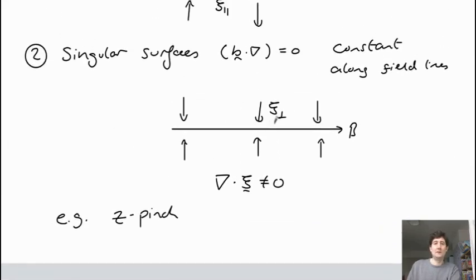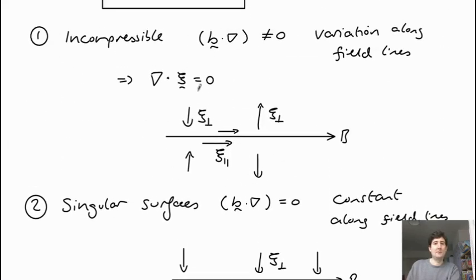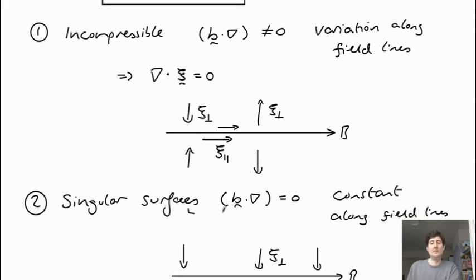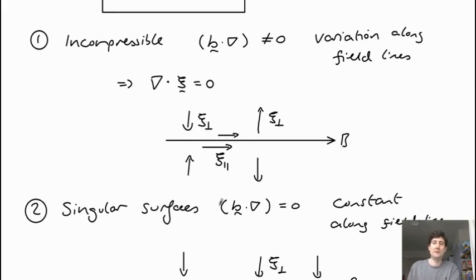In most cases, however, the plasma can find a way to move along field lines and minimize this term. These particular singular surfaces, these occur in tokamak plasmas, for example, where you have resonant surfaces.